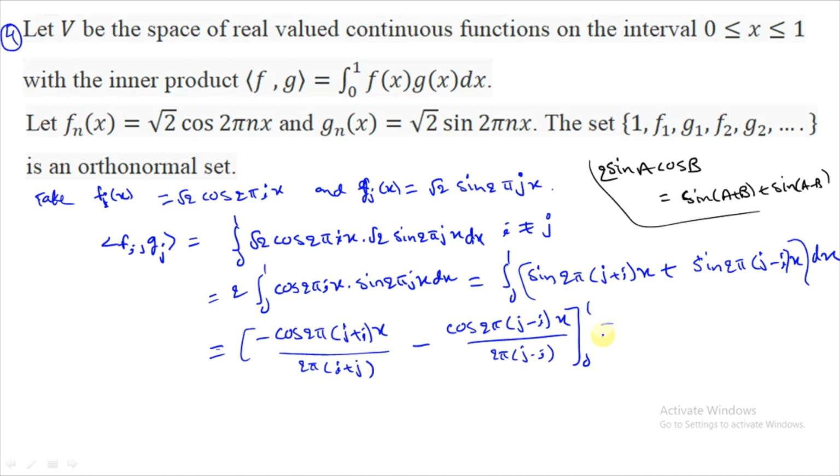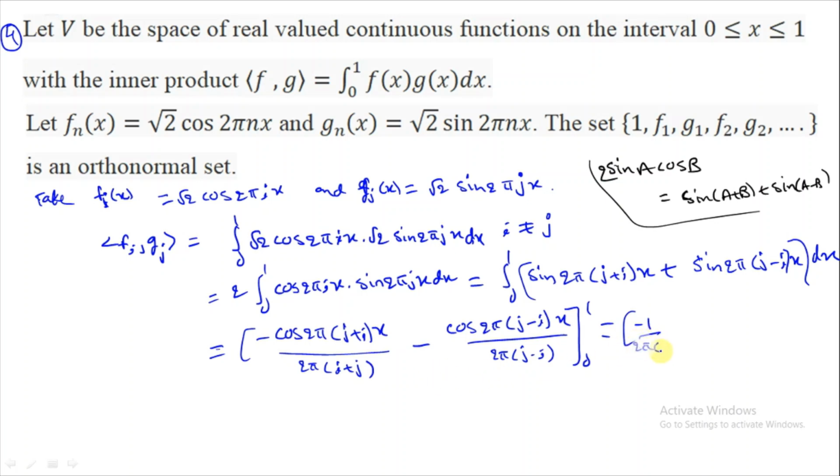Evaluate from 0 to 1. When we substitute 1, we get 2 pi times (j plus i), which is a multiple of 2 pi with an even number, so cos of pi times an even number is always 1, giving minus 1 by 2 pi (i plus j).